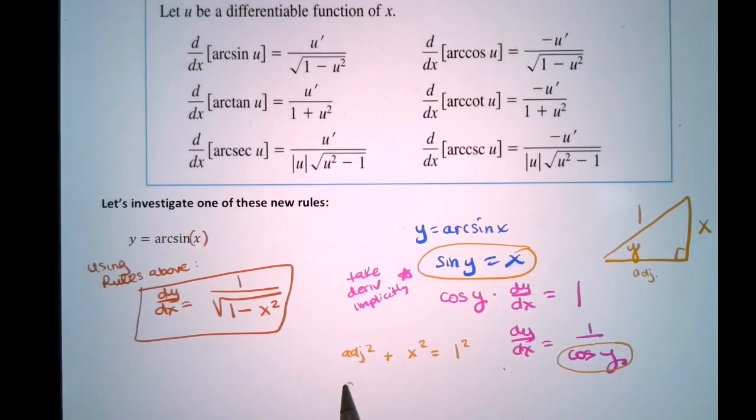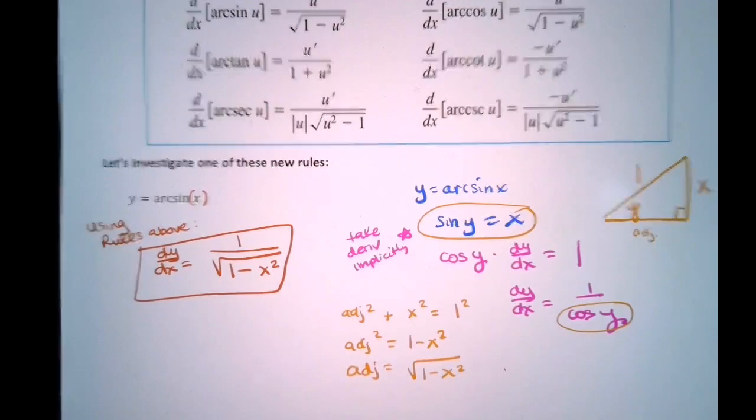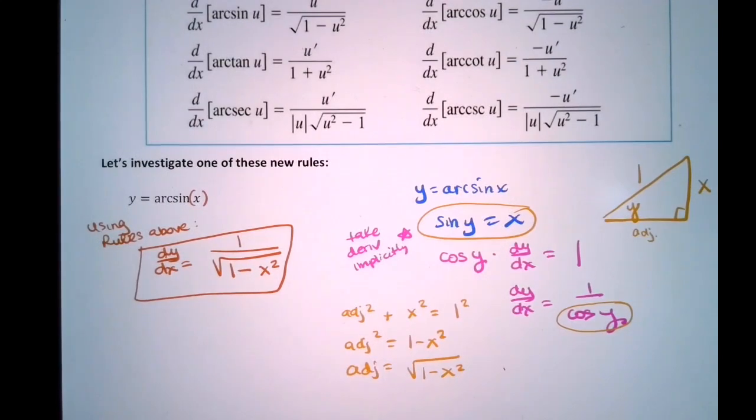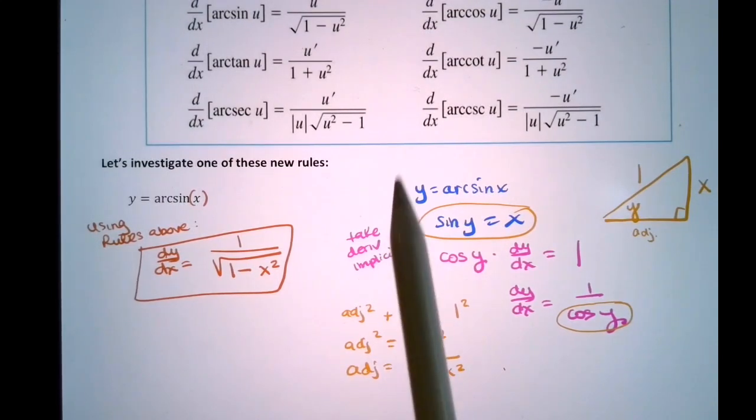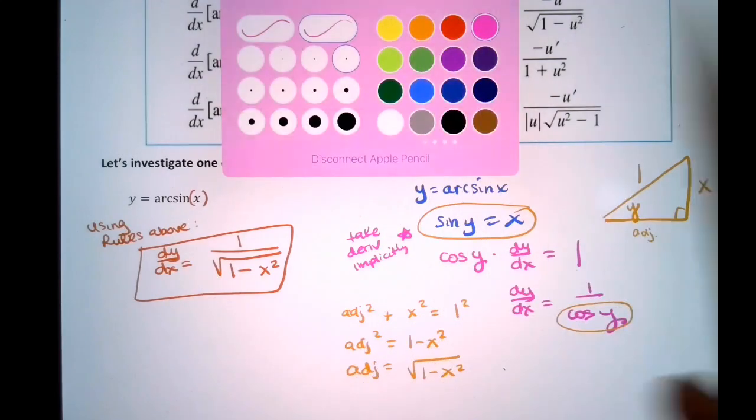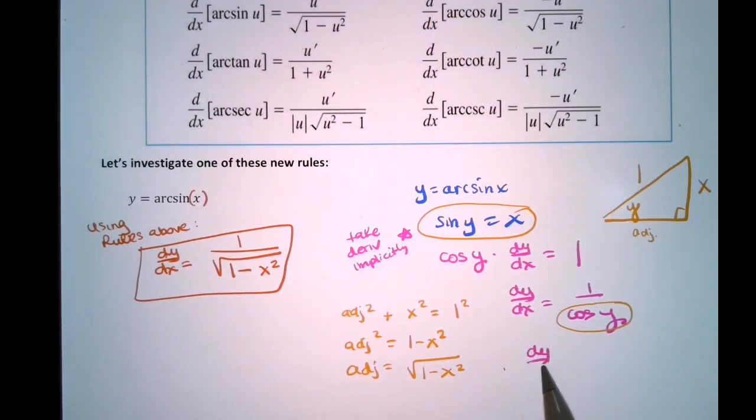So you can solve for the adjacent side. Again, I'm going to select the positive square root since we were talking about the length of a triangle. And that is my adjacent side, so I'm going to go back into this derivative, right? The dy dx here is 1 over cosine y. Well, it's 1 over adjacent over hypotenuse. Well, there it is.